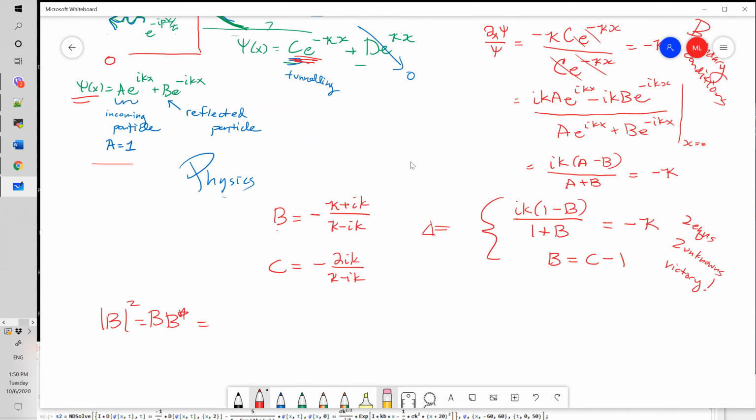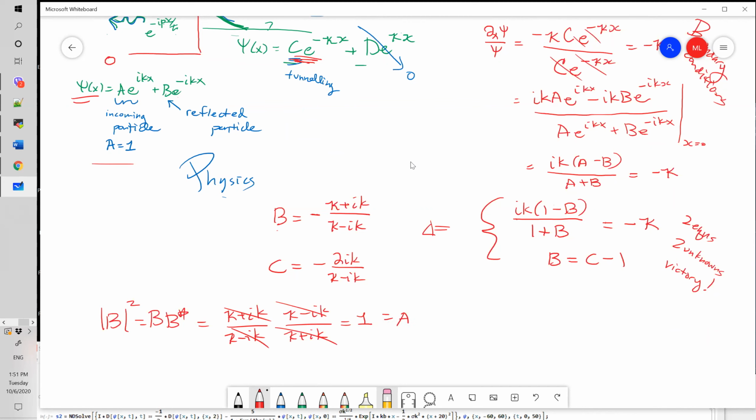The minus sign here cancels. What do you get? So for b, you get kappa plus ik over kappa minus ik. And here you get the complex conjugate, so you just flip all the i's, right? And then these things cancel, and that's equal to 1, which is also equal to a.